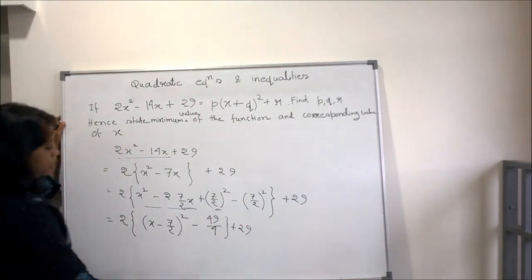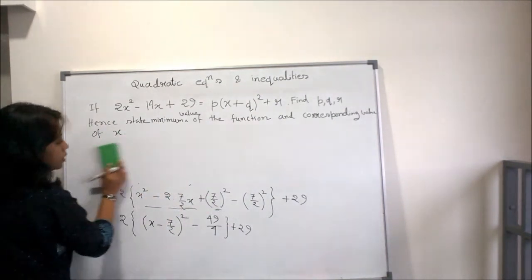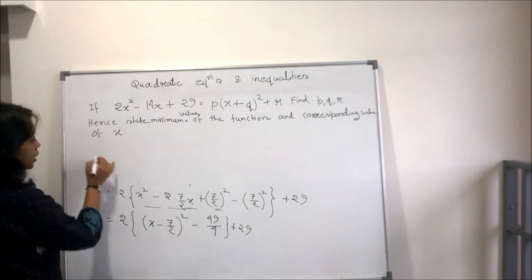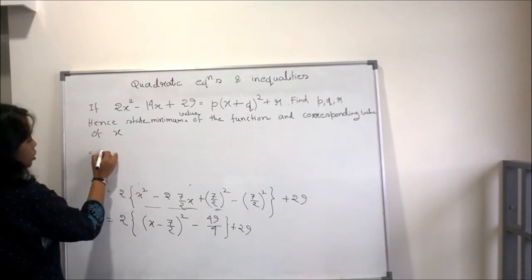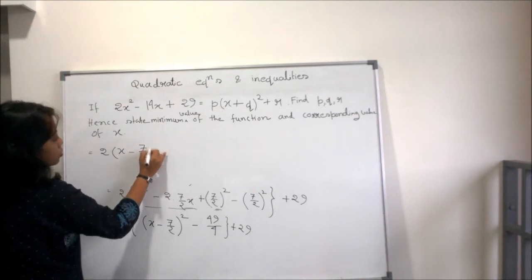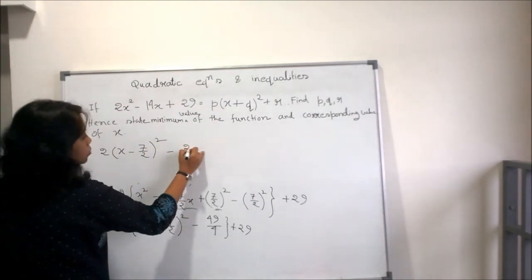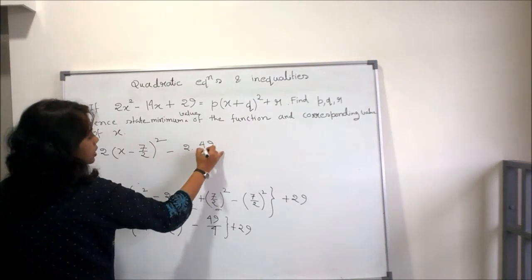Okay, so here you see you can write it as 2(x − 7/2)² minus 2 into 49/4.